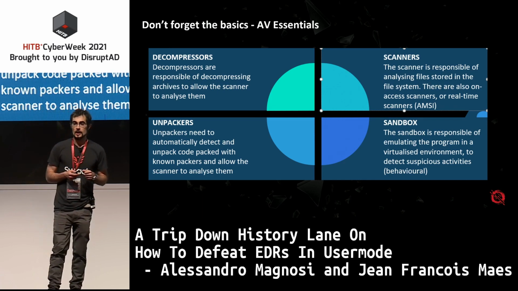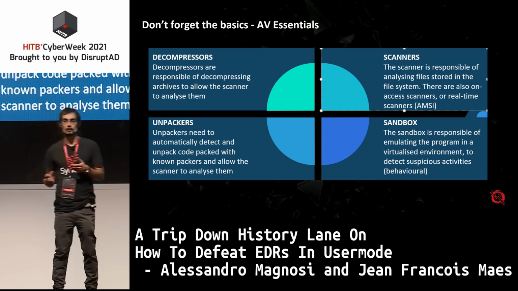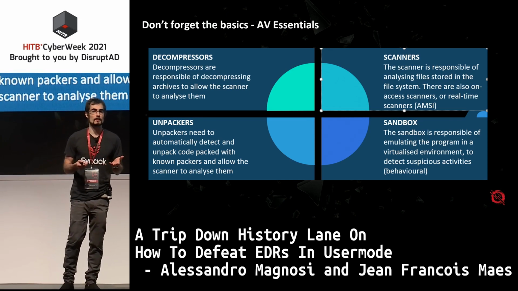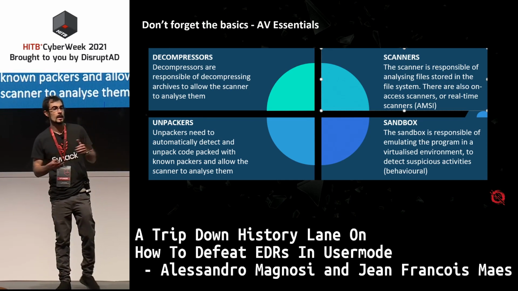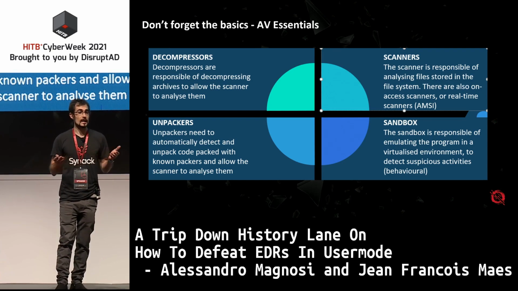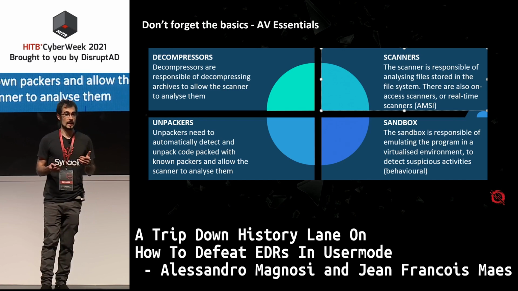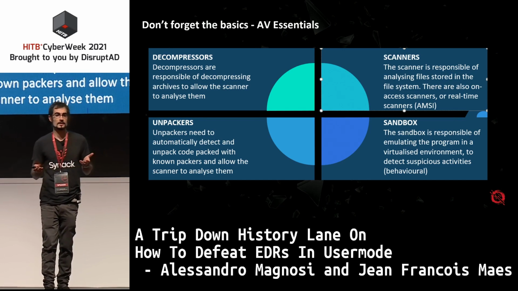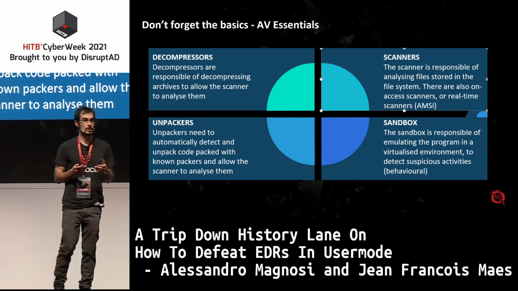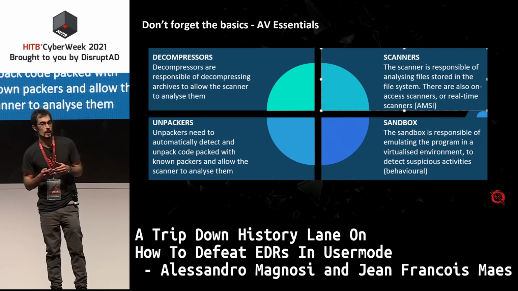The in-memory scanner is a bit more complex, and it's what my colleague already explained. We can think about an in-memory scanner as something that scans a binary payload in memory. AMSI, for example, is the in-memory scanner provided by Microsoft. What AMSI does is install a DLL into the process image of a process running on the system.